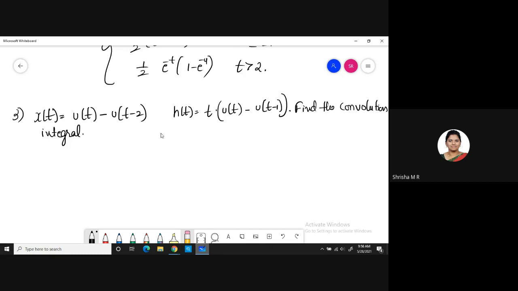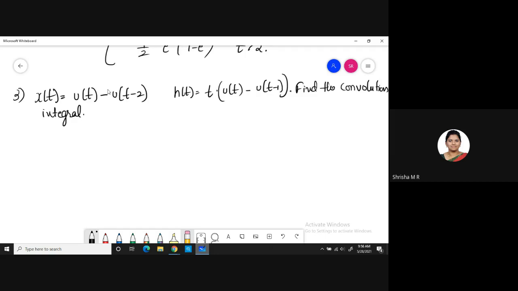Let us try to put this in the equation of convolution integral and multiply the equations. Can you tell me the formula for y of t? Integral minus infinity to infinity x of tau into h of t minus tau d tau. Yes, this is the equation for convolution integral. In the x of t equation, whatever you have, replace it with tau.